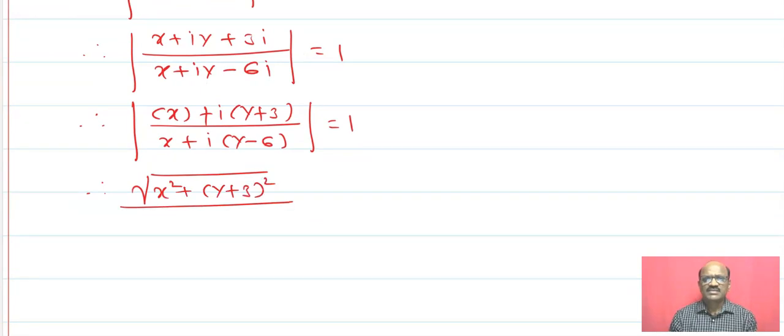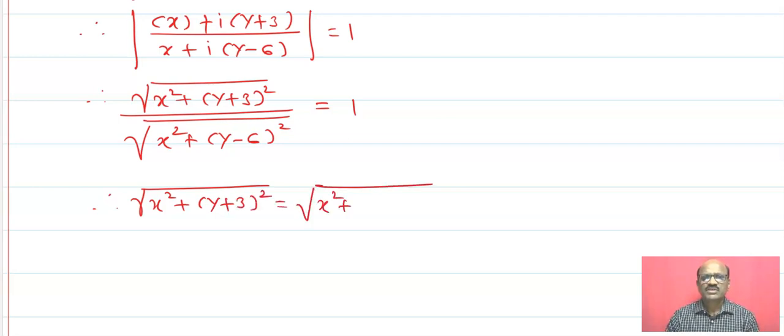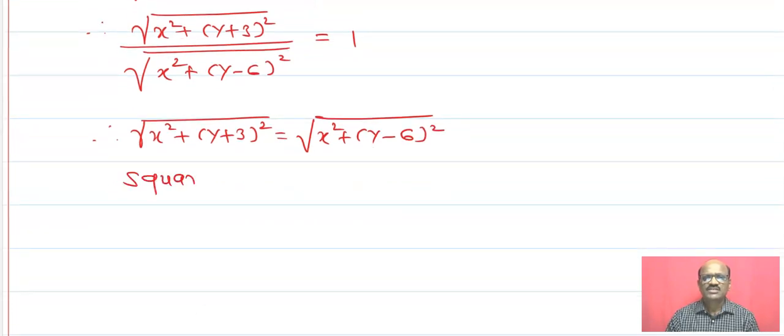Simplifying this equation, you take their moduli, that is root of x square plus y plus 3 bracket square is equal to root of x square plus y minus 6 bracket square, squaring on both sides.